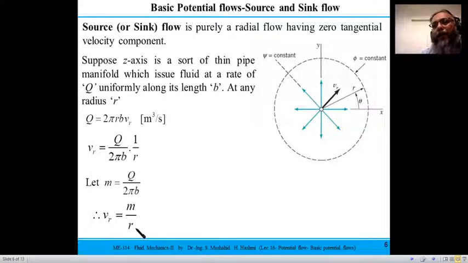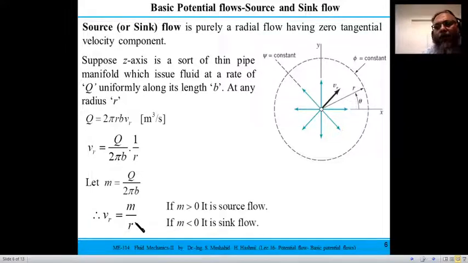Keep in mind that this velocity is only defined when r is not 0, because at r equal to 0 the velocity is not defined, or it would be very high, infinity. If fluid is coming out of this pipe and m is positive, then it is called a source flow.